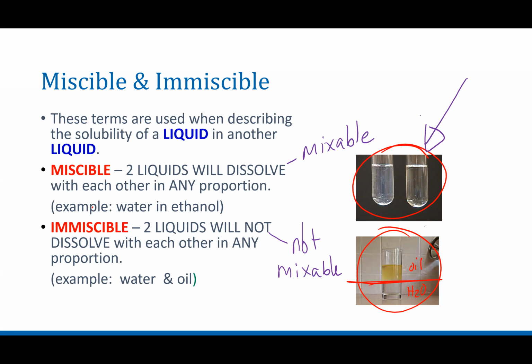Go to your kitchen, get something like cooking oil, olive oil, vegetable oil, ghee, even liquid ghee, mix that with water and it should look like this. So when two liquids mix, we say miscible. When two liquids do not mix, we say immiscible. So soluble, insoluble, miscible, immiscible. All right, guys, I am done for today.